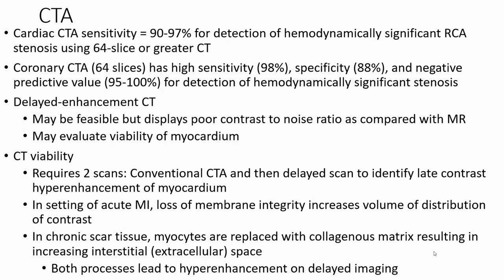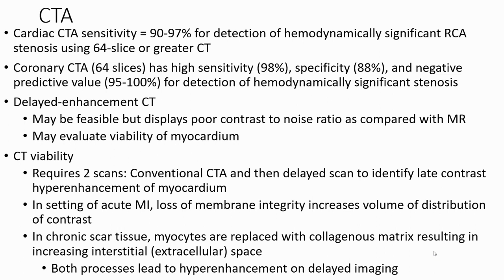Coronary CTA has high sensitivity 98%, specificity 88%, and negative predictive value around 95 to 100% for detection of hemodynamically significant stenosis. Delayed enhanced CT may be visible but displays poor contrast to noise ratio as compared with MRI.